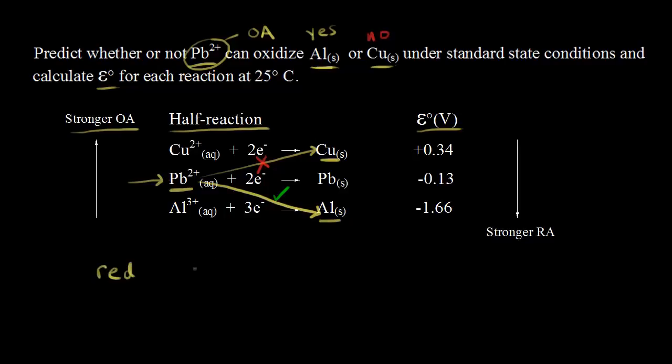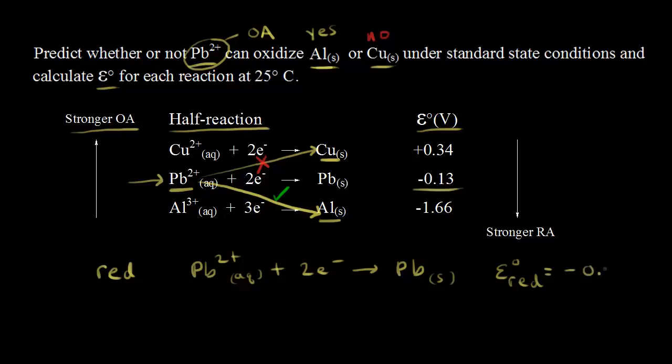So our reduction half reaction is lead 2 plus plus 2 electrons going to solid lead. And so the standard reduction potential for this half reaction is negative 0.13 volts.